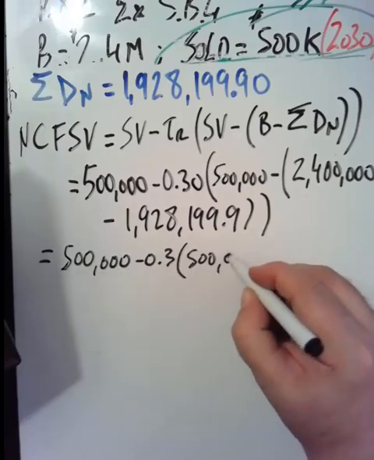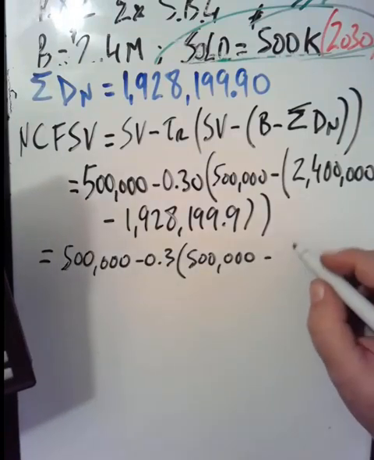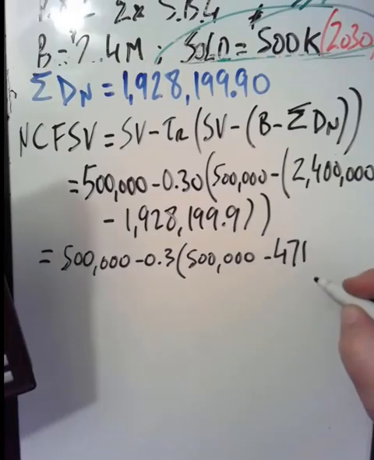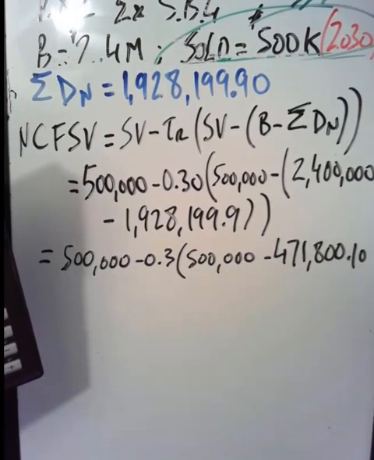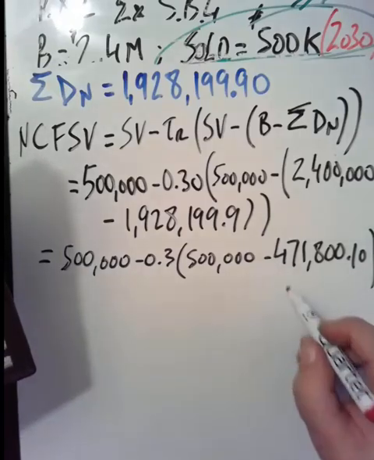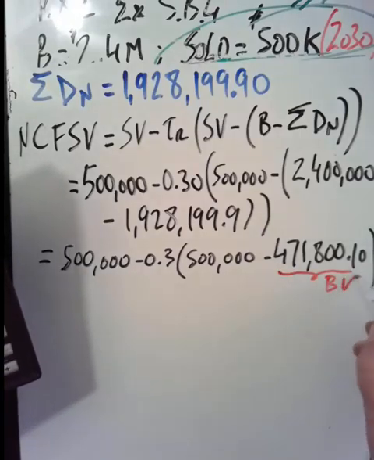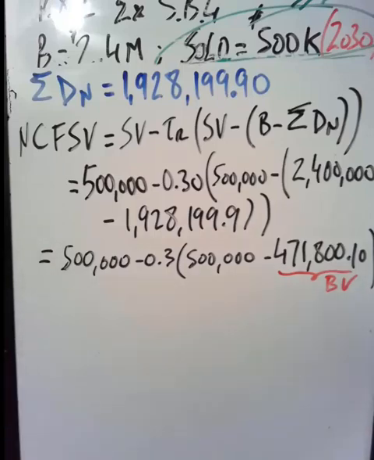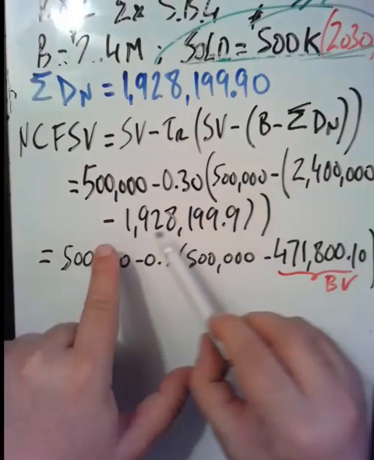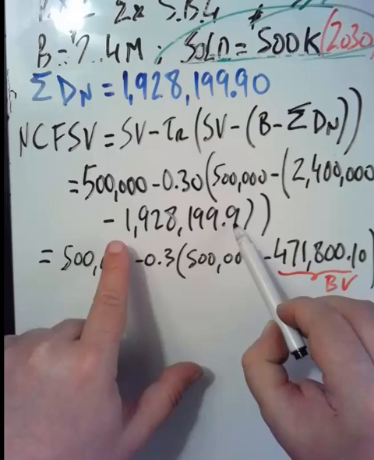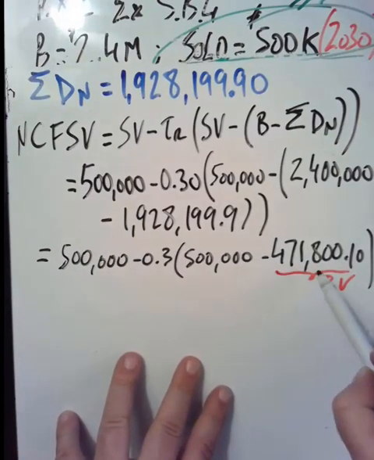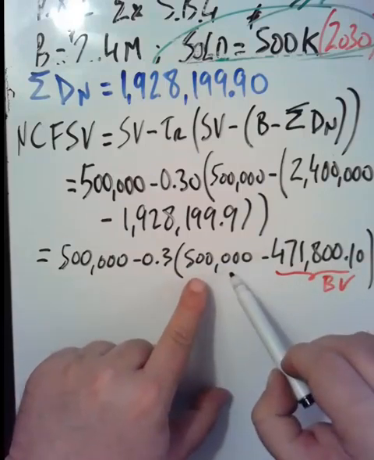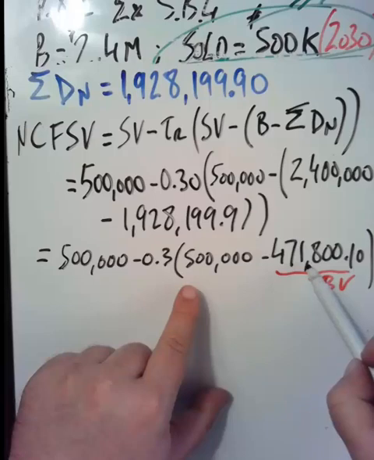In our books, the asset still worth $471,000 plus $800.10. So this is the book value. The difference between the basis and how much it already depreciated. So in our books, the building's still worth $471,000. So we're selling it for $500,000 and it's worth less than that in our books.